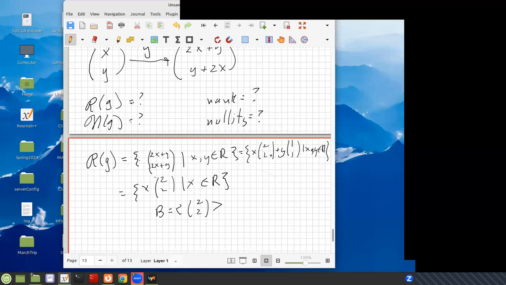The point was I can say this is equal to 2x plus y times 1, 1, such that x and y are any real numbers. And then this number here I could call r, right? So any of these answers are good. Since there's one vector in the basis, the rank would be equal to 1. Yes, the rank is 1.